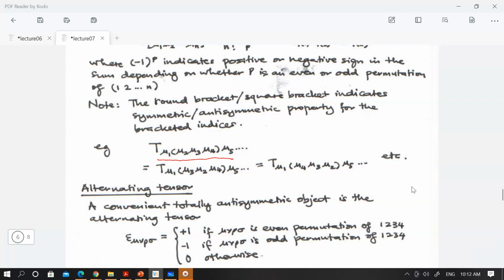I'm just giving you all the possible notation that you can actually see in a book. Sometimes the bracket actually is not over all the indices, but only on three indices. That means it's only symmetrized with respect to these three indices, but not your mu1 and mu5 and so on. Okay.